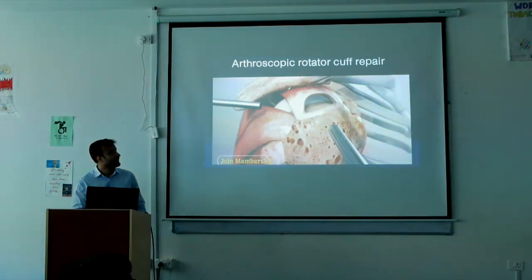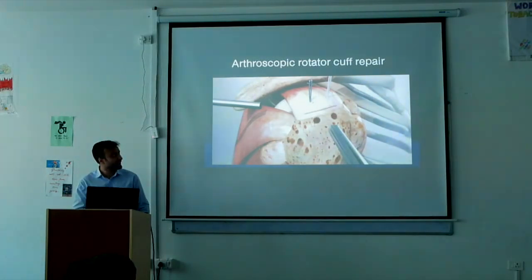It is the trimming of the undersurface of the acromion to provide more space. Now the suture anchor is inserted onto the greater tuberosity, and through this thread we repair the cuff on its footprint.